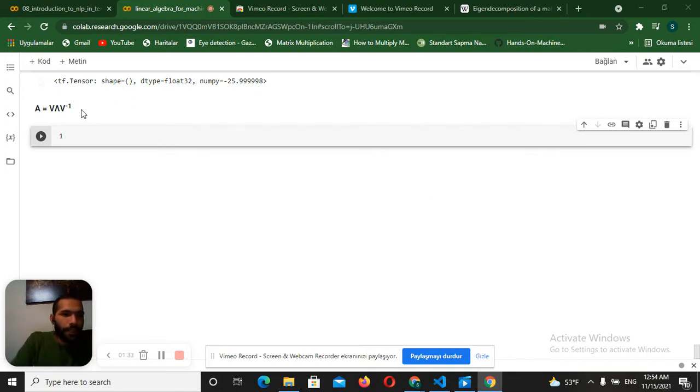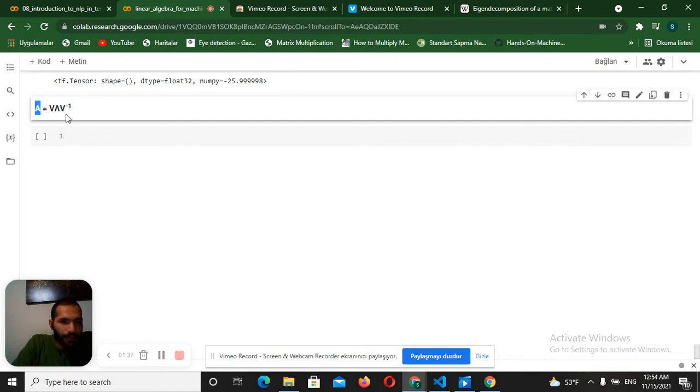Have you seen this: A is a matrix, equals this eigenvector, and between the two eigenvectors is the eigenvalue, right? And we have minus 1.